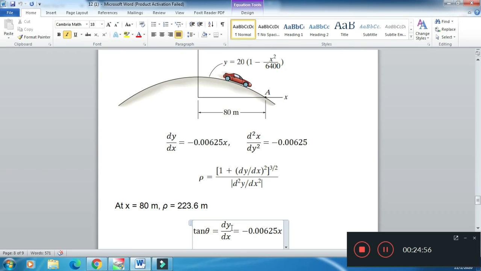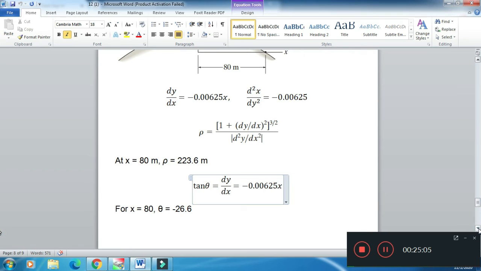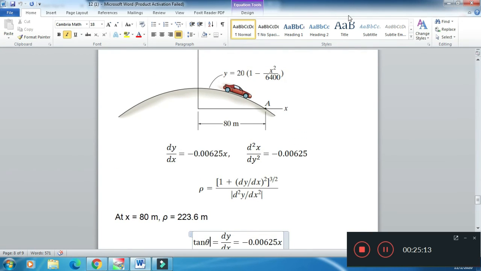Then we take tan inverse. X is equal to 80. We substitute x equal to 80. Then we take tan inverse, and we get 26.6. So 26.6 is the angle between tangent and x-axis. This is tangential direction and this is x, so difference is minus 26.6.